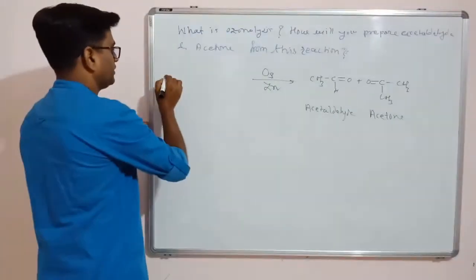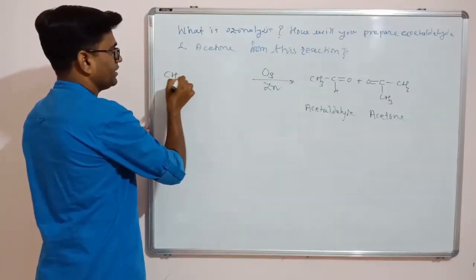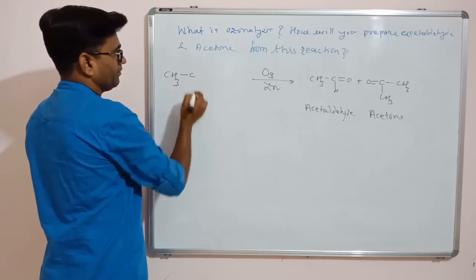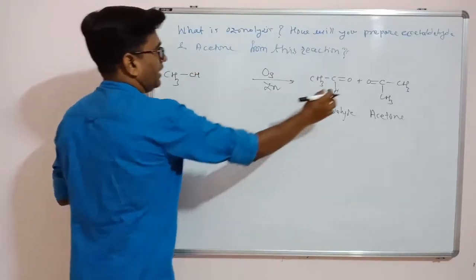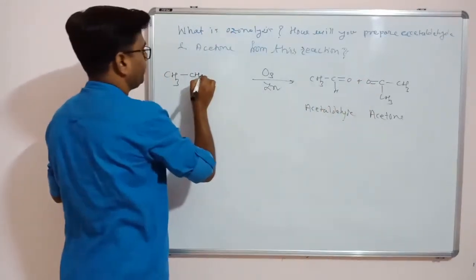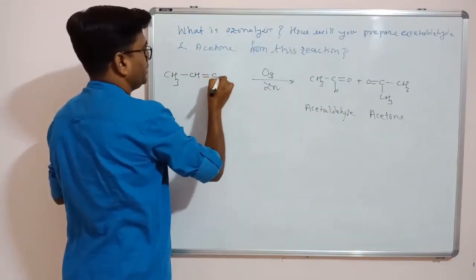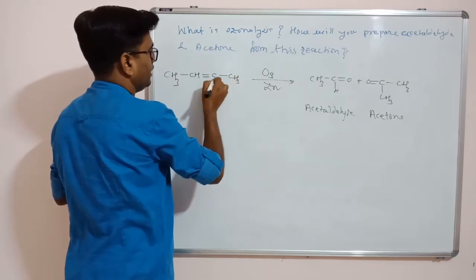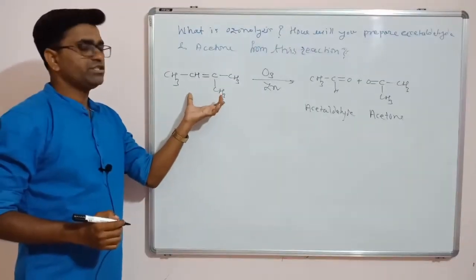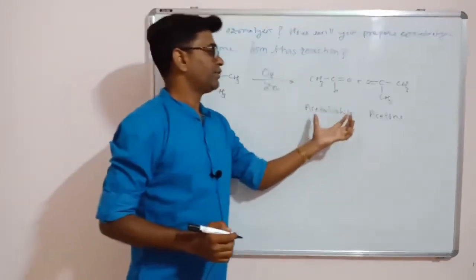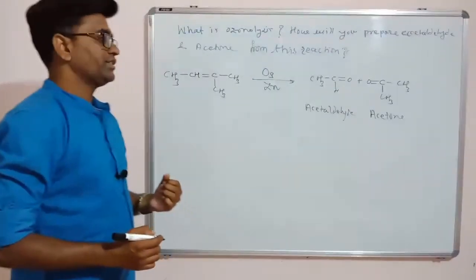So your product will be like this: CH3 CH, this H is as it is, and this double bond, with this double bond carbon, this is the CH3 and this is the CH3. So by ozonolysis of this reaction you can get the products acetaldehyde and acetone.